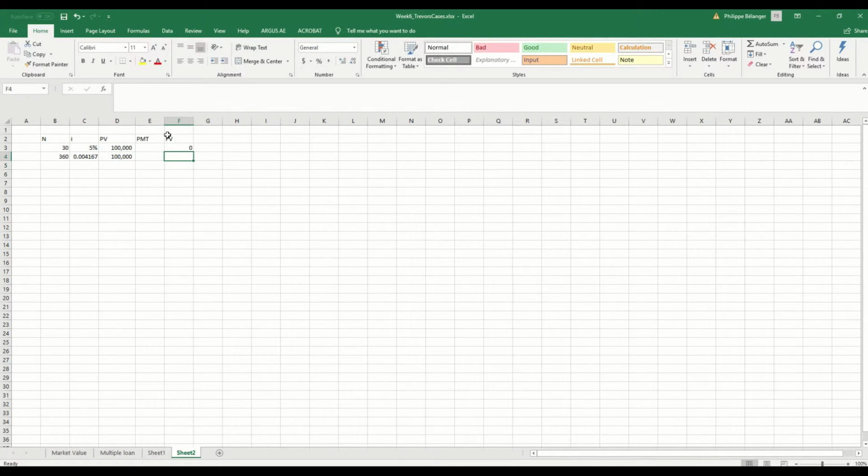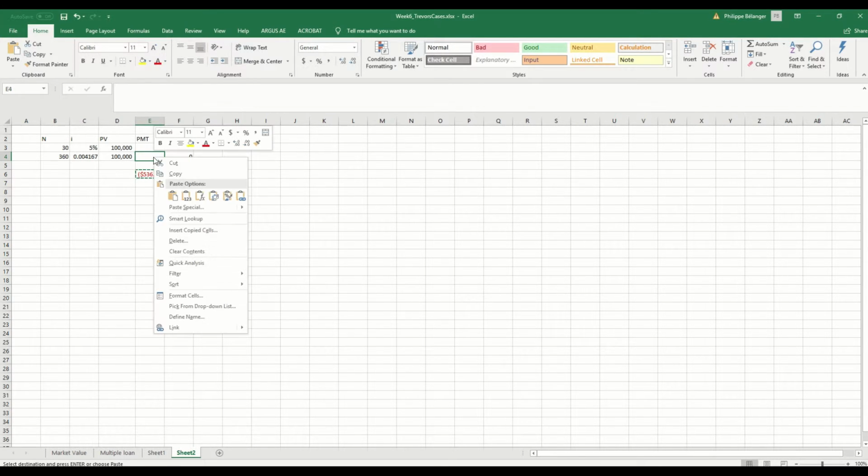Now this would be the 0 also. Let's compute the payment. PMT, rate, number of periods, present value, future value. And that will be our payment.